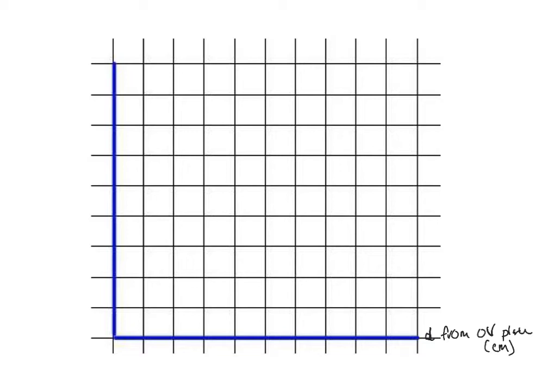And then my y-axis is going to be my potential, measured in, of course, volts. We're going to say that the total distance was 10 centimeters. Nice and easy, right? Each of these blocks is 1 centimeter, so 1, 2, 3, 4, 5, 6, 7, 8, 9, 10 centimeters. Each block on my y-axis is 1 volt.